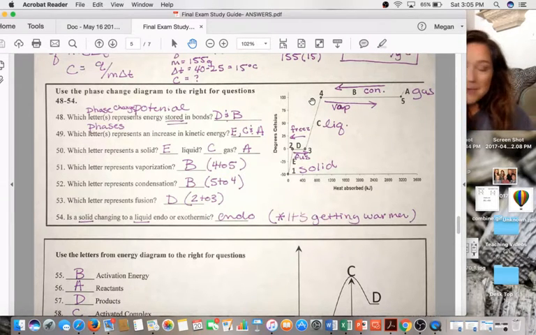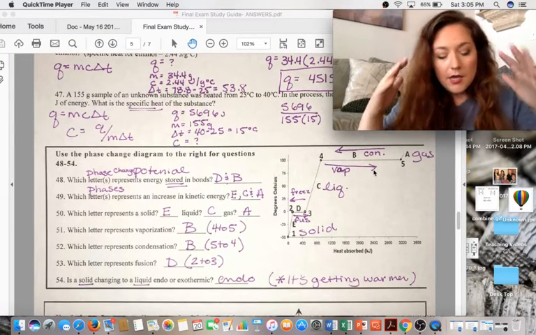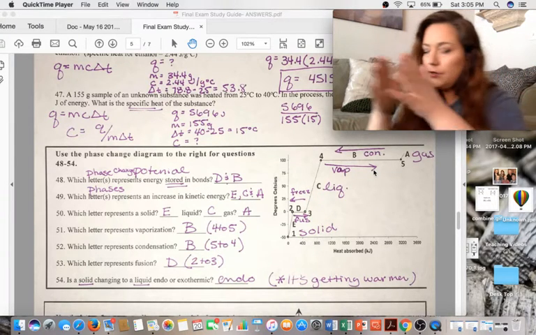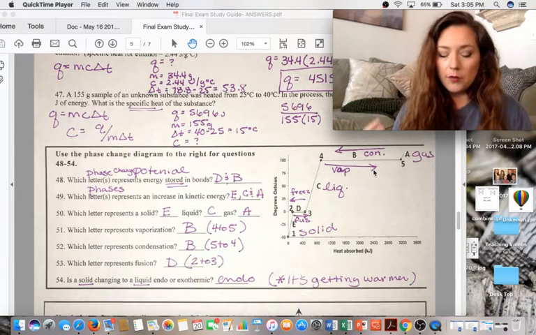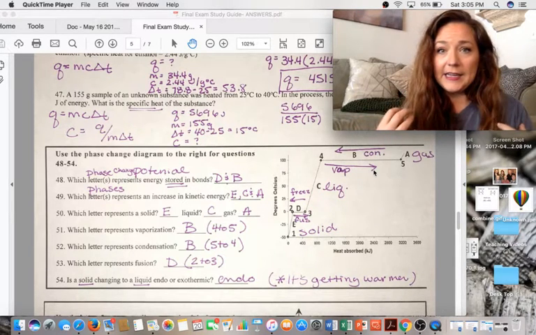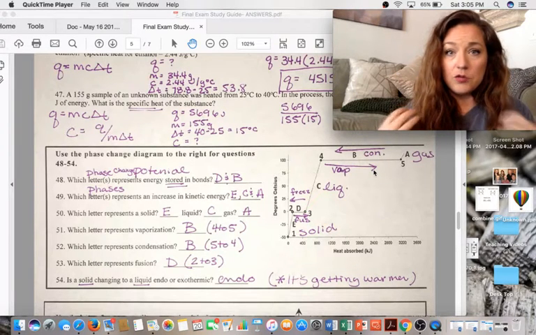Remember that vaporization, there we go. Vaporization, you're going to get warmer. Like you're literally going from a liquid to a gas. So you're still getting warmer. So if you're getting warmer, you're going to be taking in heat. So you're going to have this endothermic reaction happening when you get warmer.